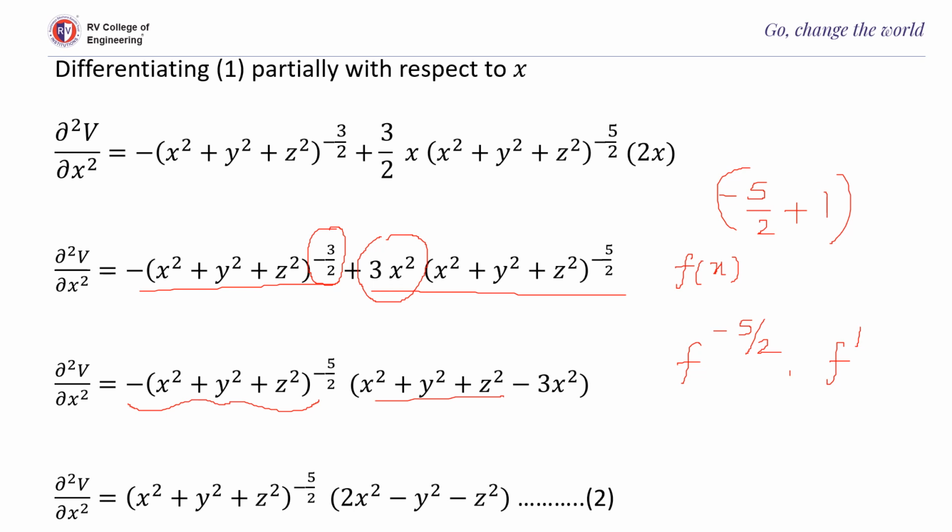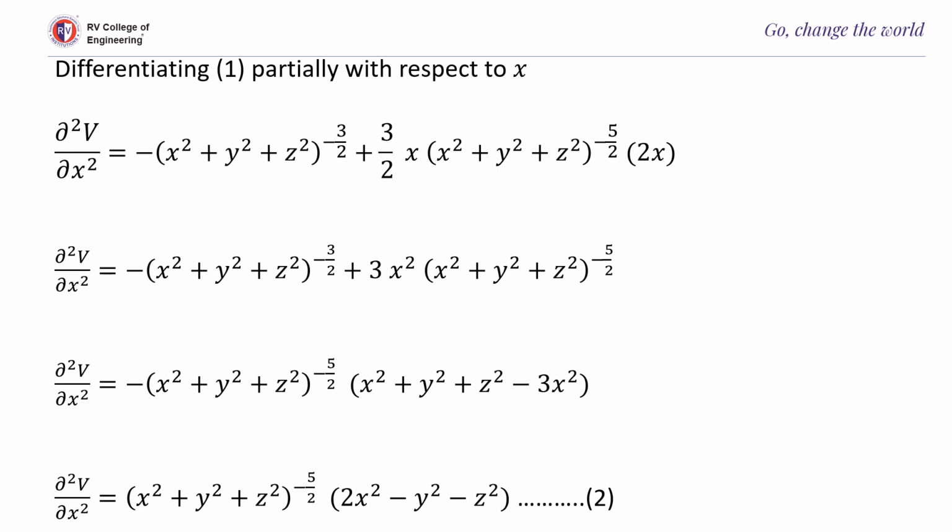Now you simplify this. Minus 3x squared plus x squared will be plus 2x squared minus y squared minus z squared, because we have multiplied this minus sign inside. So this is the simplified form of dou square v by dou x squared, and I'll call this equation 2.